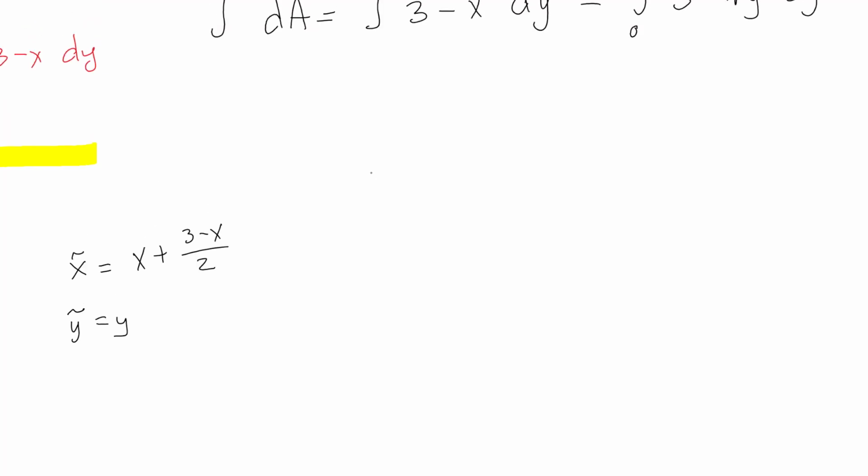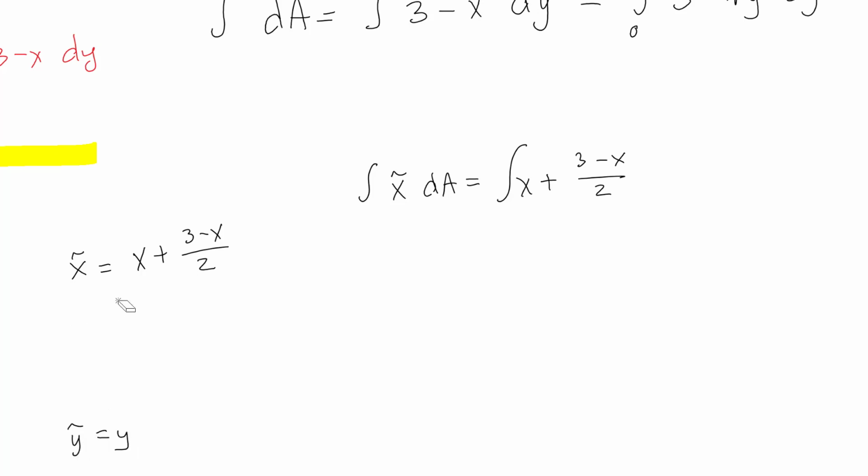All right, so I'm going to do the integral x tilde dA. So x tilde is x plus 3 minus x over 2. I feel like I should simplify that before I start throwing it into an integral because it just seems like that might be a good idea.